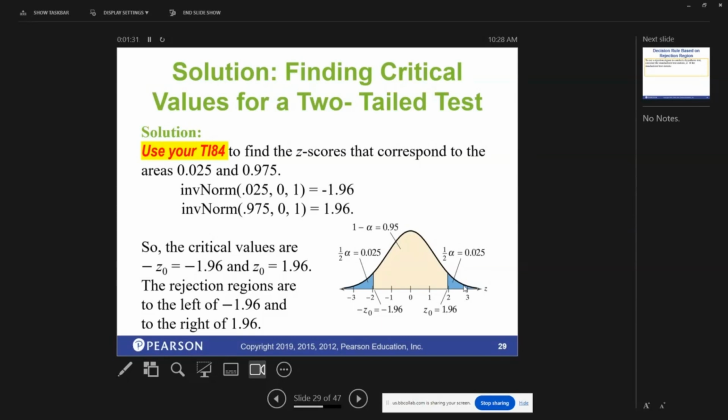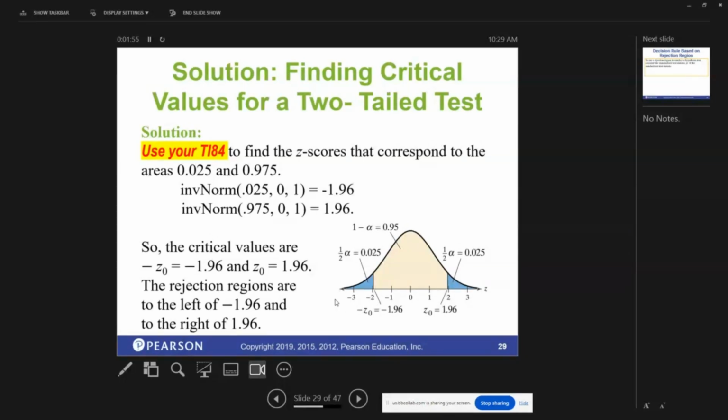Any questions there? I'm lost on that one. So when you ended up with an alpha of 0.05, then that means the blue areas together have an area of 0.05. So to figure out what each one would be, you divide that in half. So that leaves 0.025 for each one.